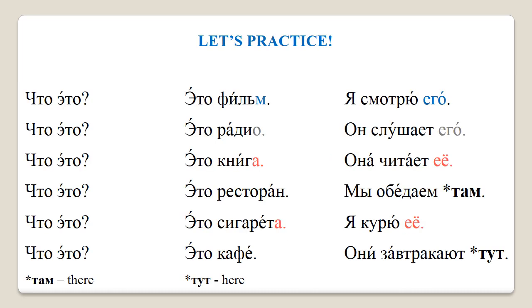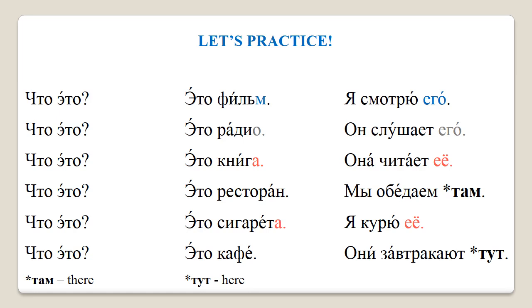Now let's see how we can use this new knowledge of personal pronouns in the correct context. I'm going to read each line out first and then translate it. Что это? Это фильм. Я смотрю его. What is it? It's a film. I'm watching it.